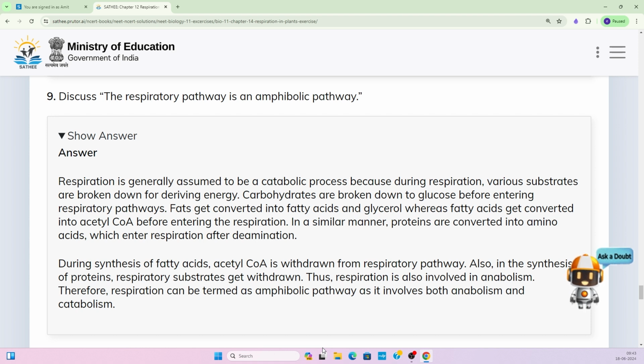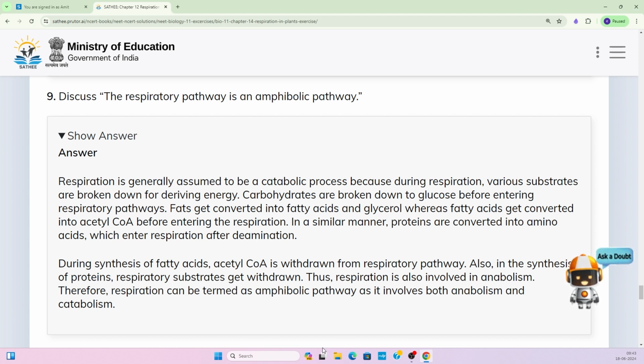In a similar manner, proteins are converted into amino acids, which enter the respiration after deamination. During the synthesis of fatty acid, acetyl coenzyme A is withdrawn from the respiratory pathway.